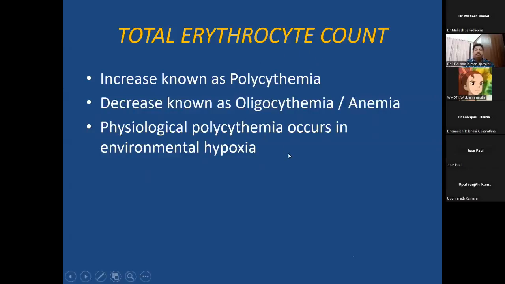We just have to feed the blood and then the result comes out. When there is an increased erythrocytic count, it is known as polycythemia. Decrease is known as oligocythemia or anemia. And I have mentioned that physiological polycythemia occurs in environmental hypoxia.